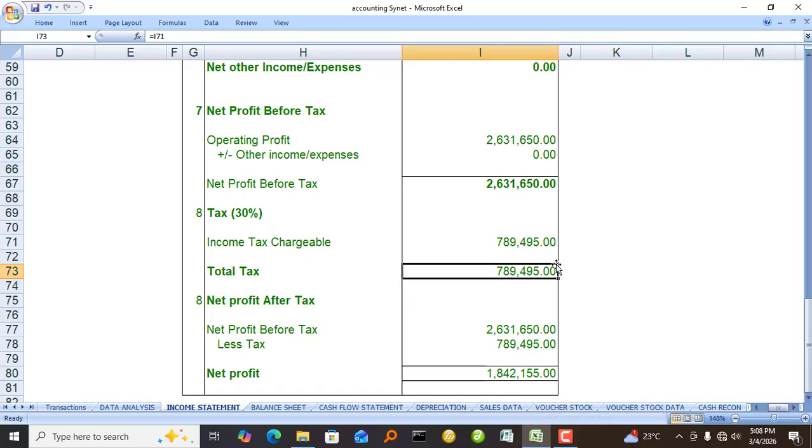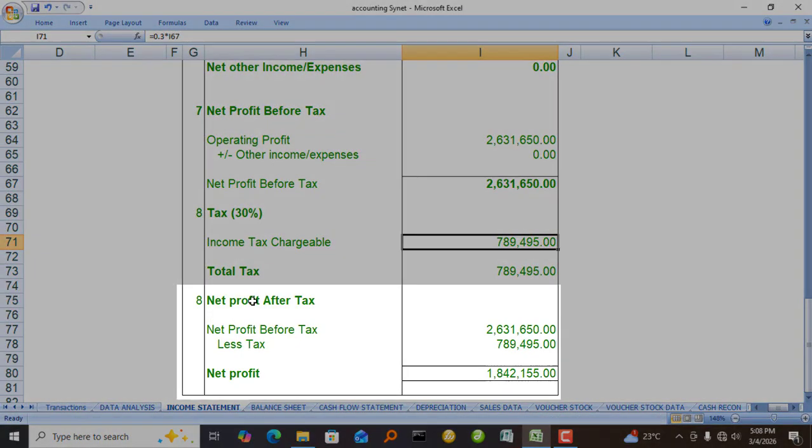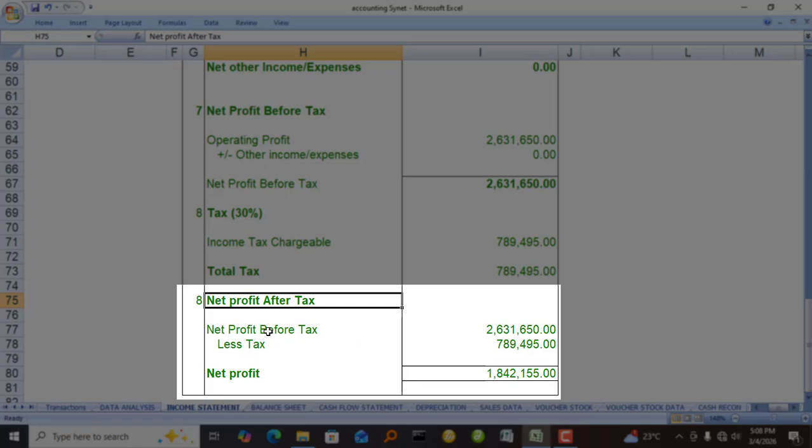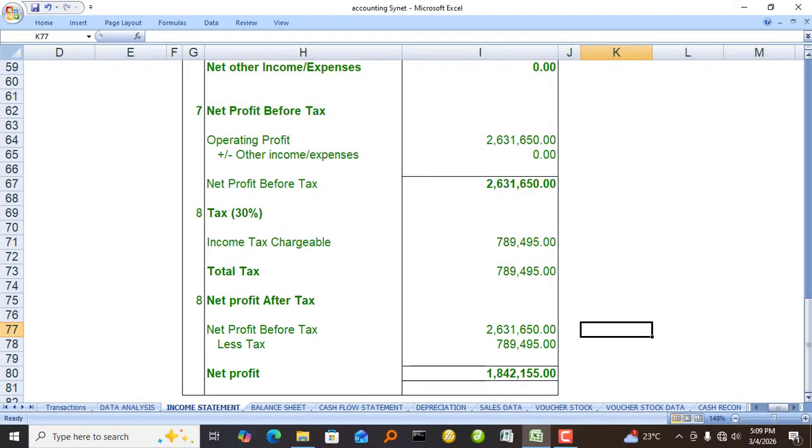That's our total tax that we're going to pay. So for the profit after tax, you get this net profit before the tax, which is 2.631 million. Then you remove the tax, and you get your net profit here, 1.8 million. So basically, that's how the income statement works.